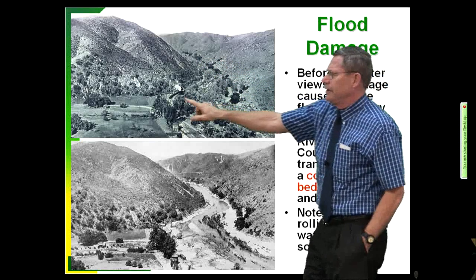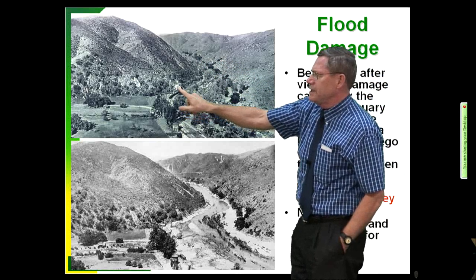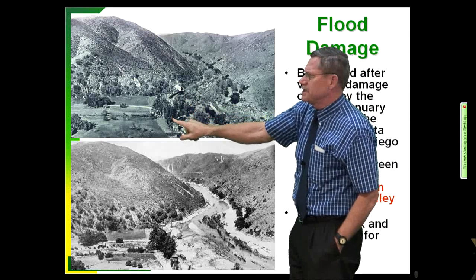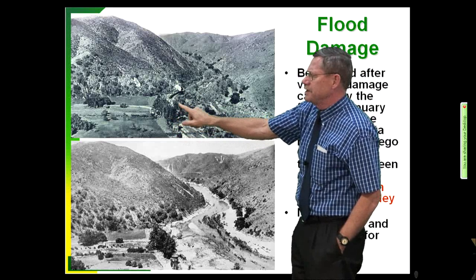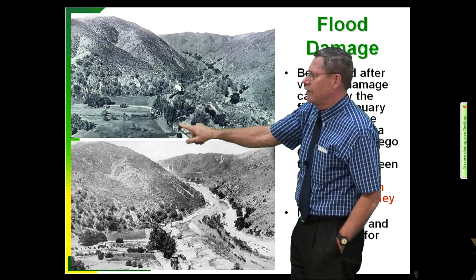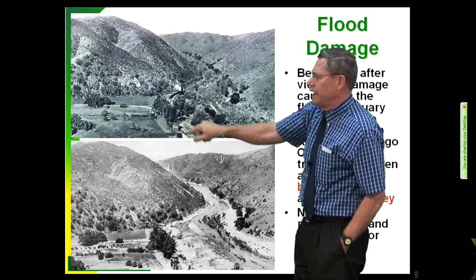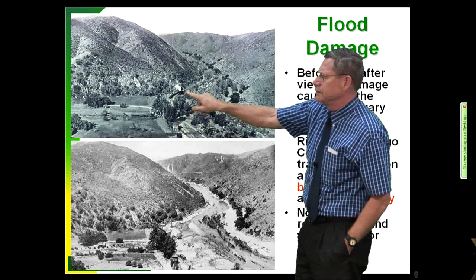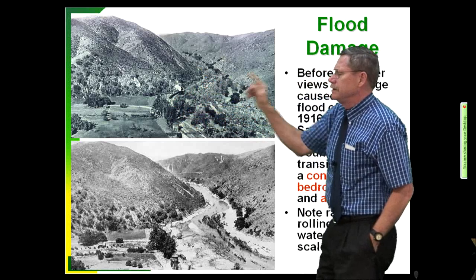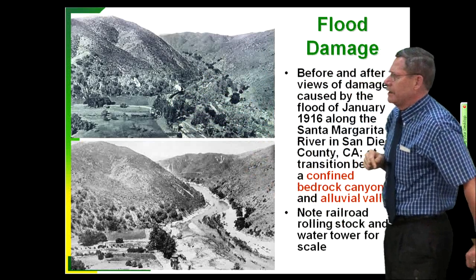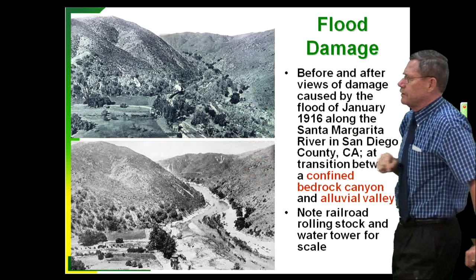It's tree-lined. This is a steam engine, and that's the steam going up from the steam engine. This is the station down here at the bottom in Santa Margarita, and the water tower here, and this is a whole train. The train is up here on the terrace, going up the canyon to head over towards Temecula, across the mountains, across the Coast Range.